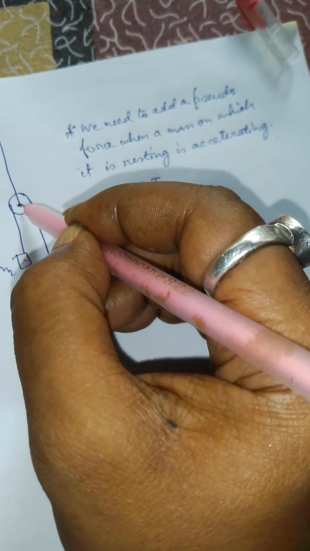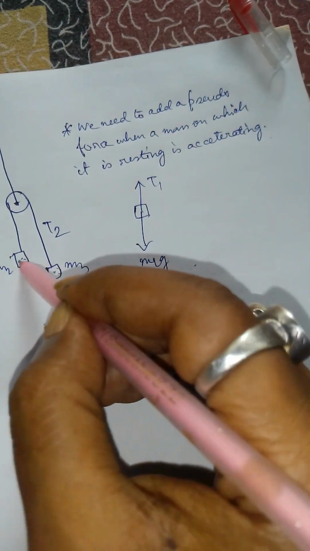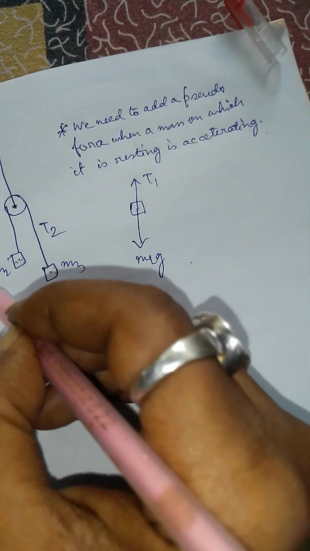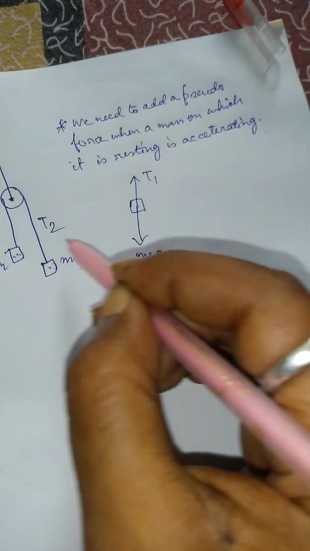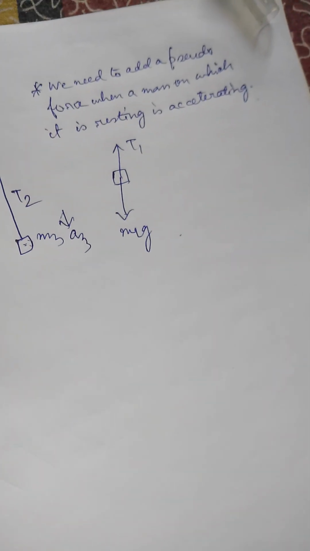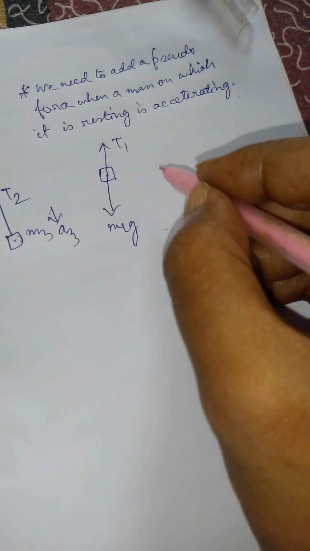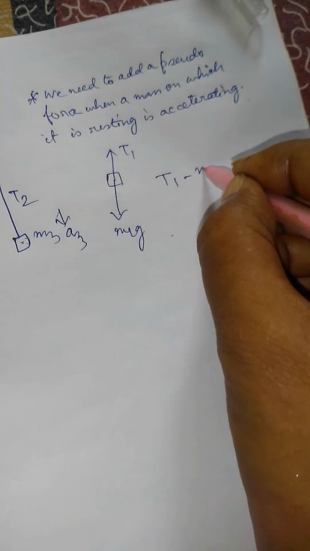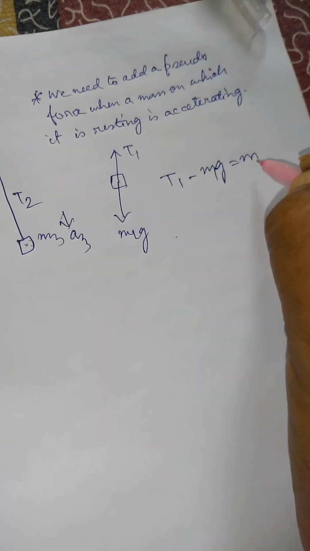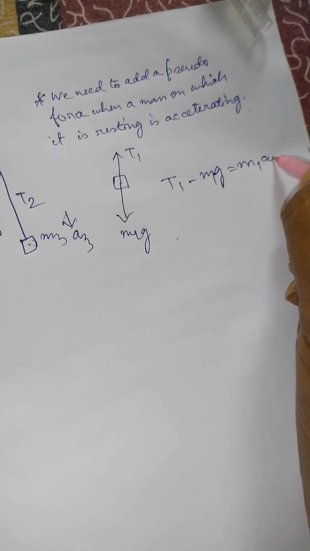Then this pulley has acceleration a1, but these masses have different accelerations. Say this is a2, say this is a3. Okay, so we have T1 minus M1g equals M1a1.